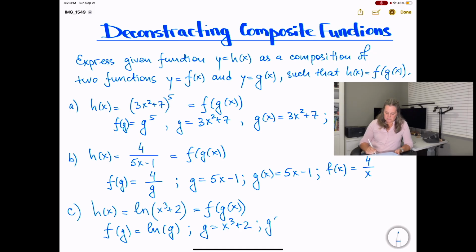Clearly, g is a function of x. Writing out f of x as the natural logarithm of x, we complete the exercise. So, natural logarithm of x cubed plus 2 can be written as a composition function f of g of x, where g of x is x cubed plus 2 and f of x is equal to natural logarithm of x.